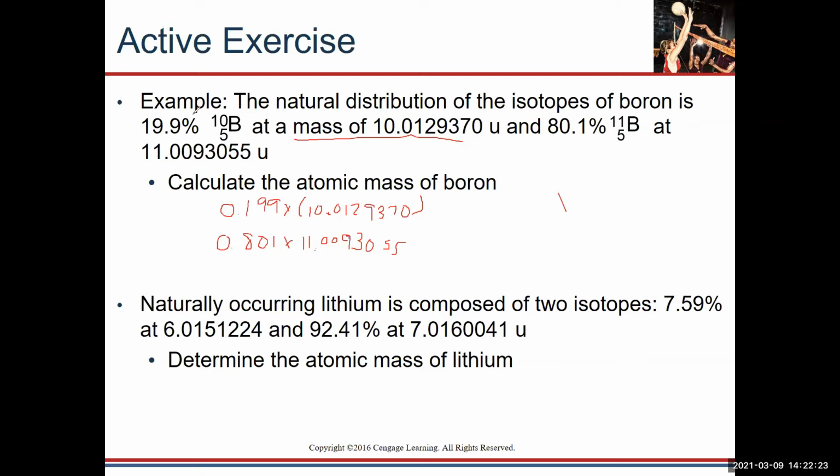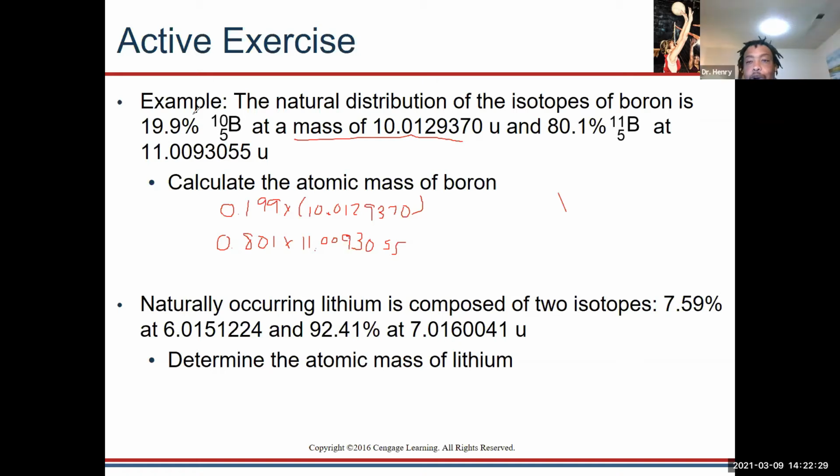Is that why mine says 10.81 for the boron weight? Yes, that's the reason why.